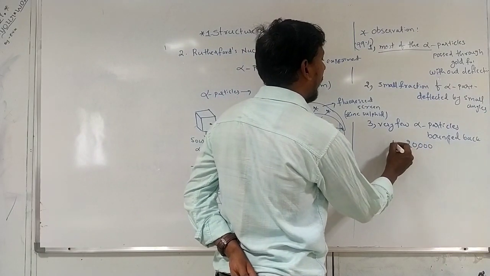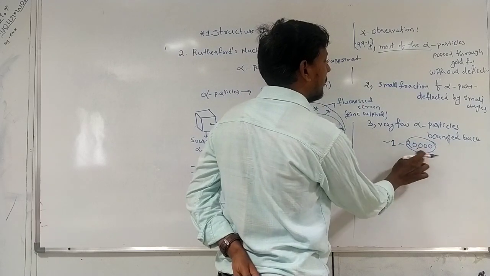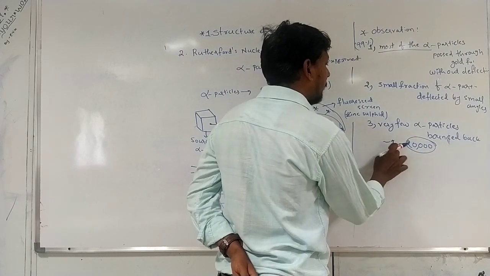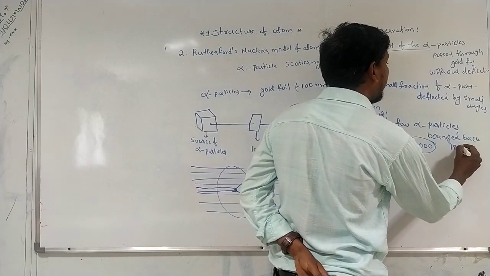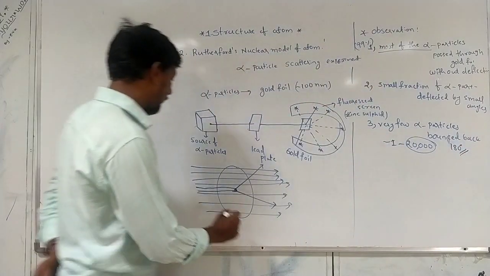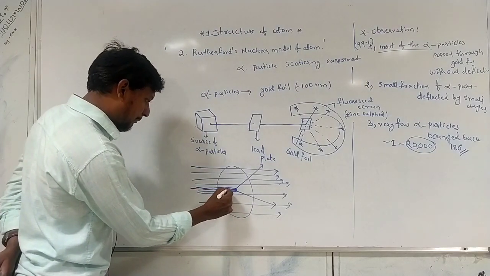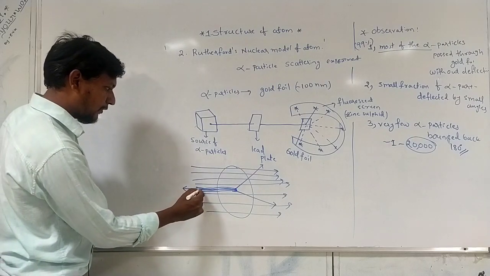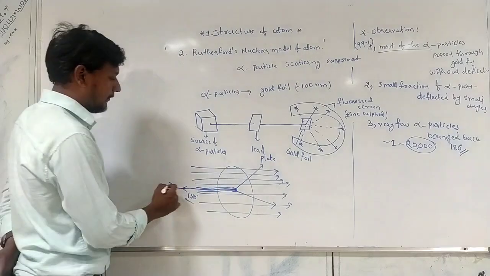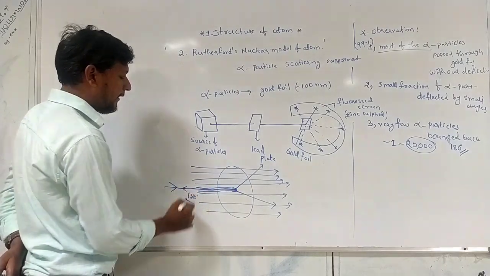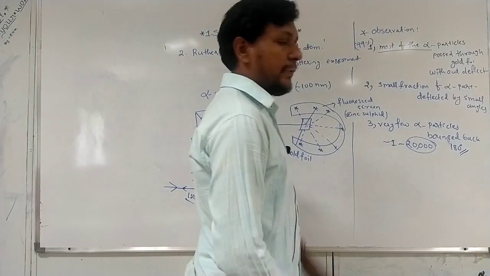Approximately in 20,000 alpha rays, only one bounced back at a 180-degree angle. Here one alpha ray is bounced back. First it is moving in this direction, and it is bounced back 180 degrees. These are the observations.